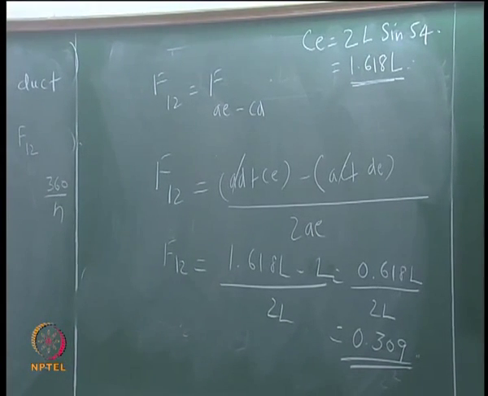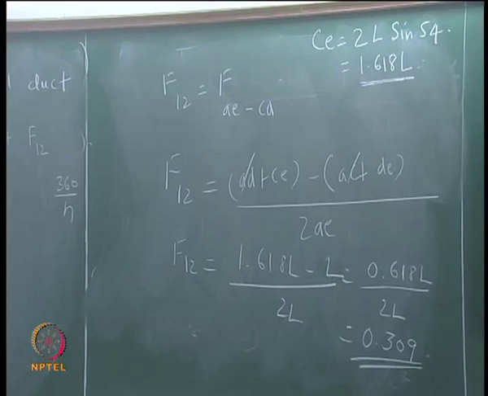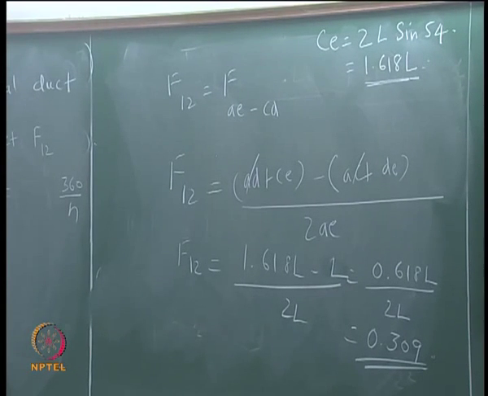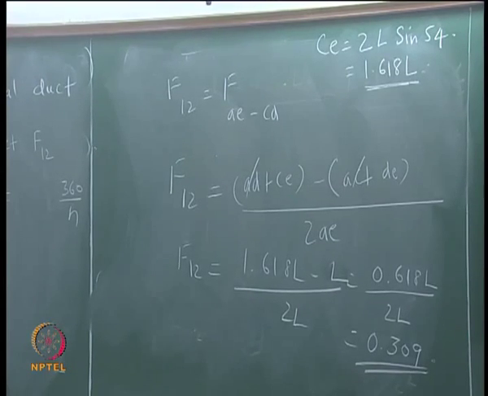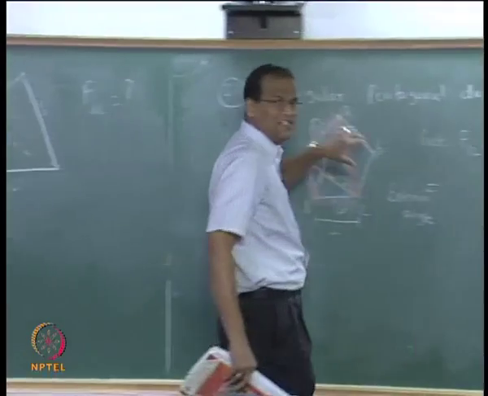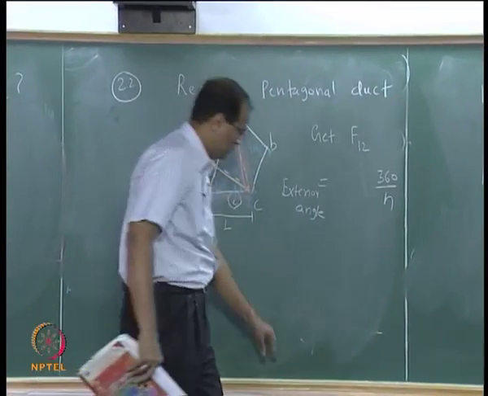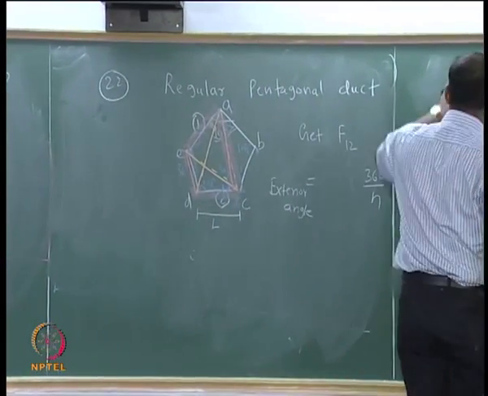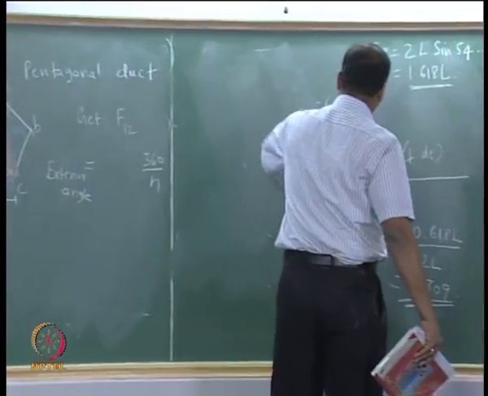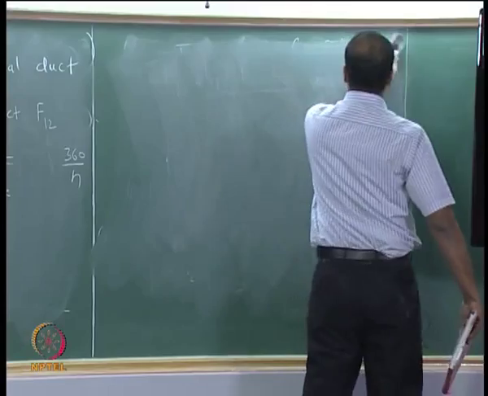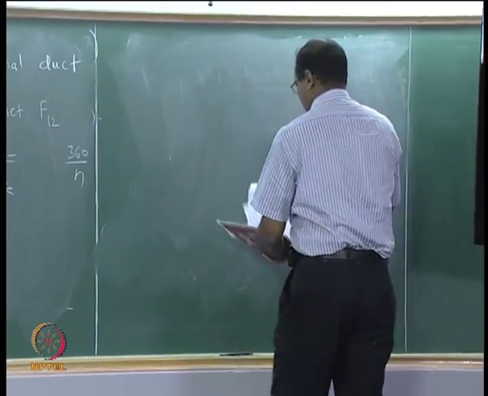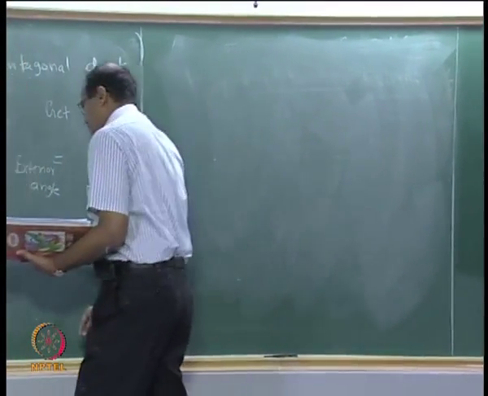Okay. So we will close the discussion for the day with one more simple problem, and in tomorrow's class we will do more problems on view factors. Is everybody through with this? Okay. Let us consider another situation.